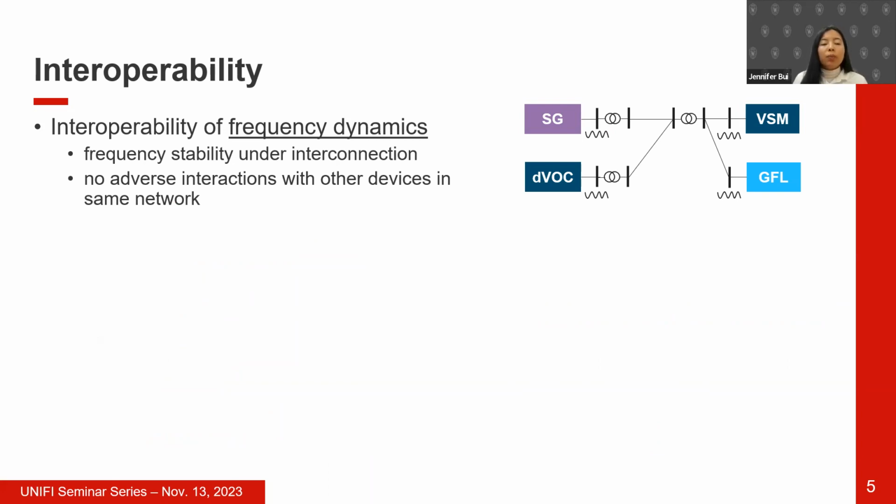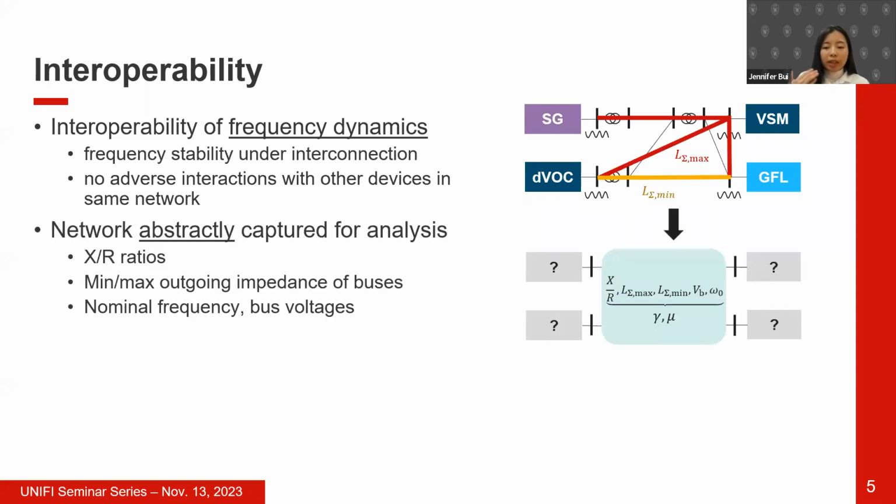In this work, we specifically mean interoperability of frequency dynamics, or frequency stability under interconnection, which restricts the interactions between devices on the same network. To better assess interoperability, we begin by abstractly capturing the network using some key parameters or properties such as XR ratios, impedances, nominal frequency, and bus voltages.